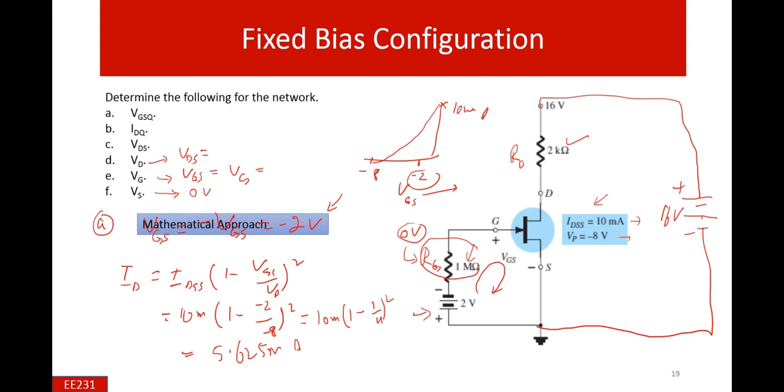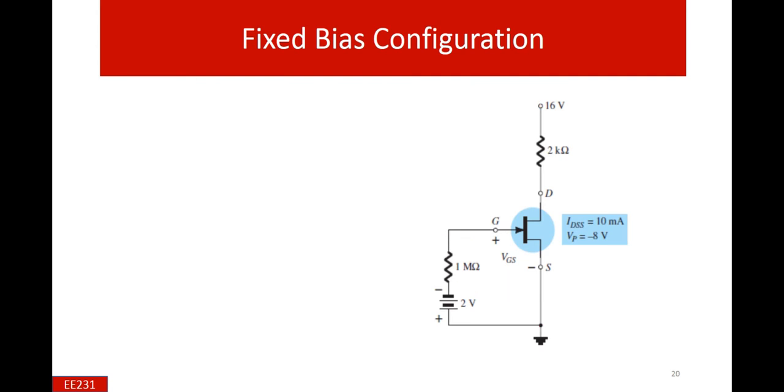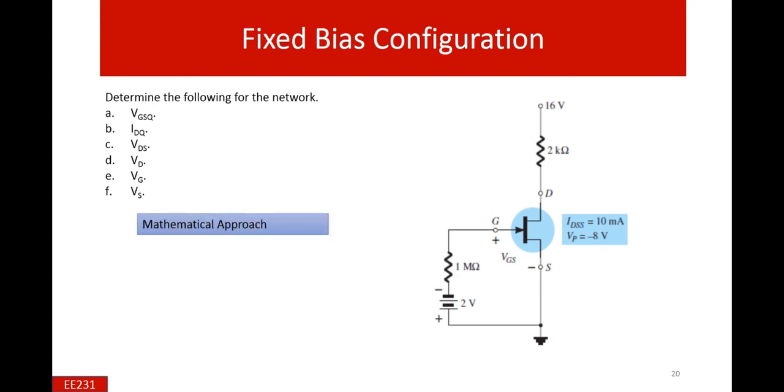So this is the point, and next we will find the value of the VDS. Up to now we have the value of the VGS, which is equal to minus 2 volt, and we found the current at this Q point is 5.625 milliampere.